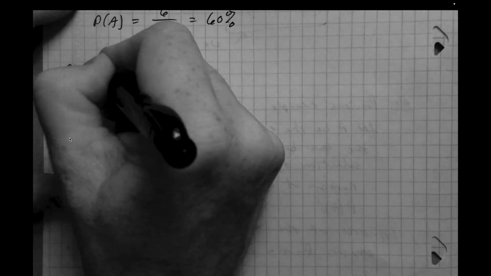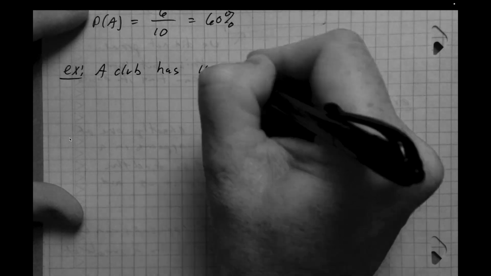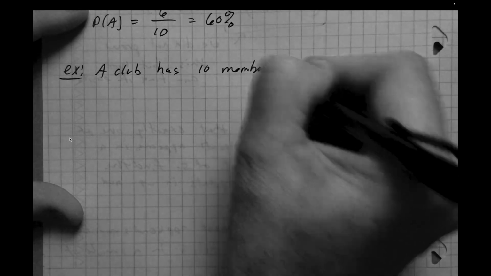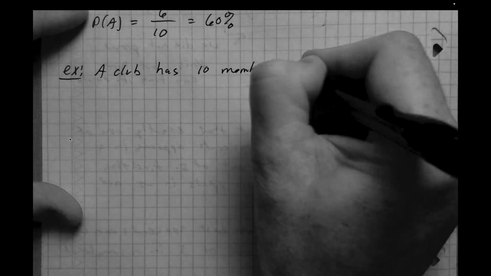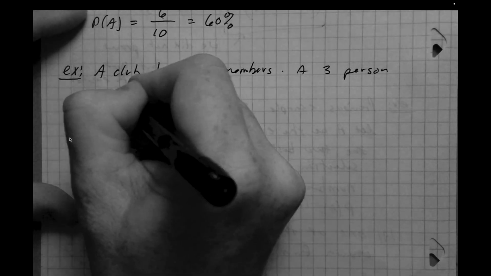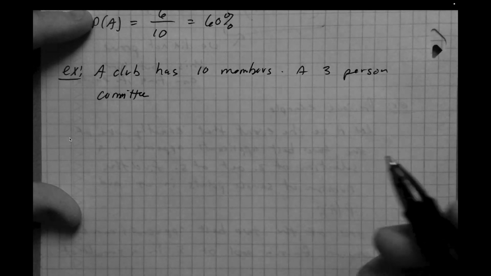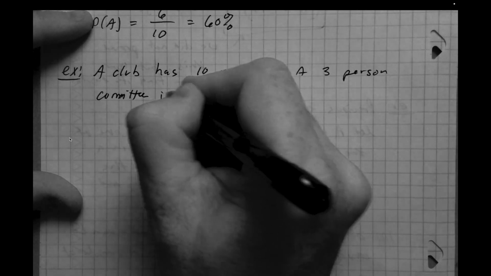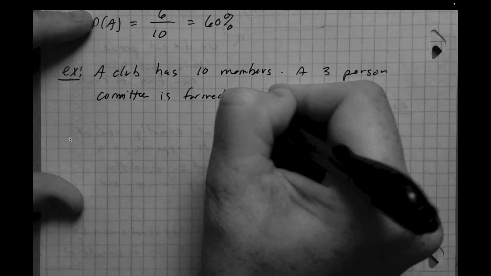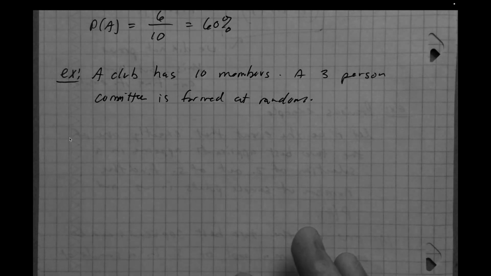A club has 10 members. A 3-person committee is formed at random.